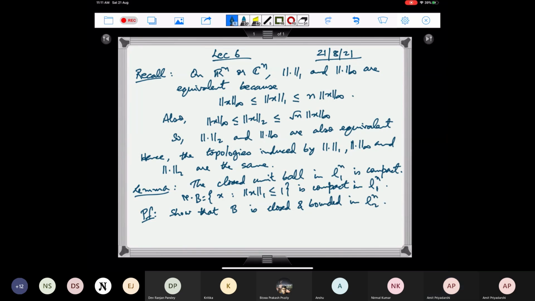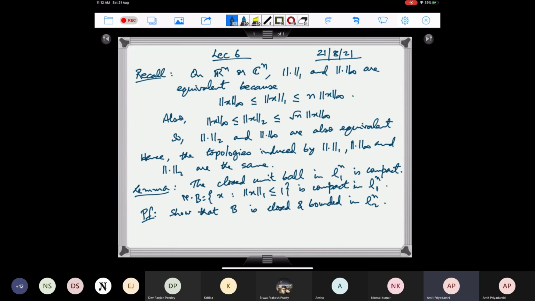Of course, it's a closed ball, that is closed in that norm. Closed is not a problem because the topologies are the same. For any normed linear space, if we look at the closed ball, that is a closed set, which you can prove in general. So it will be closed in L1n, and that topology is the same as the topology of L2n, so it is closed there also.